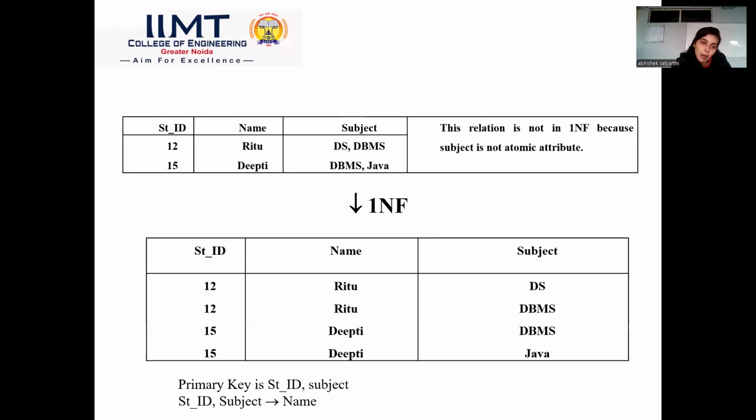Here the primary key is student ID and subject combined, and student ID derives the name. So I break DS and DBMS into two tuples, and similarly DBMS and Java into two tuples. So inside each cell there is one value, which fulfills the criteria that 1NF should be atomic in nature, and there should not be any case of multi-value dependency.